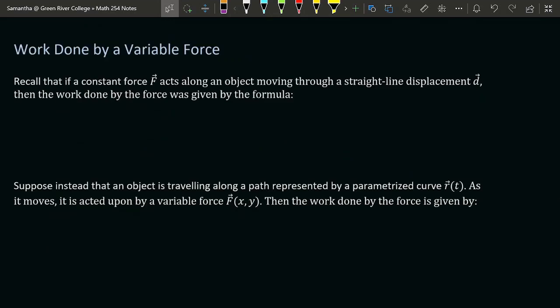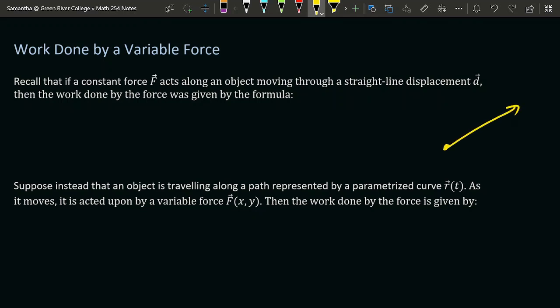For our second quintessential example of a physical application of a line integral, let's consider work done by a variable force. To set the stage, let's go back to Calculus 3 for a second, and remember the formula for the work done by a constant force as it acts along an object moving through a straight line displacement.